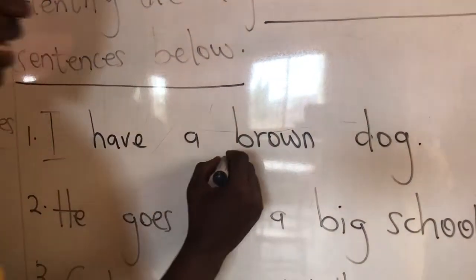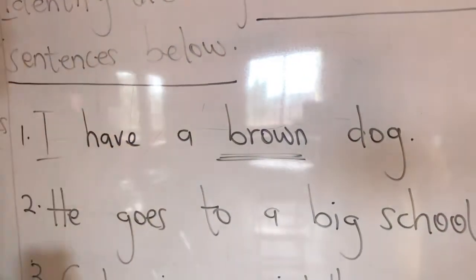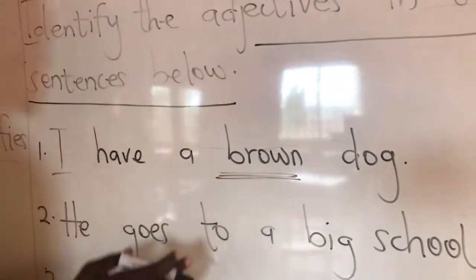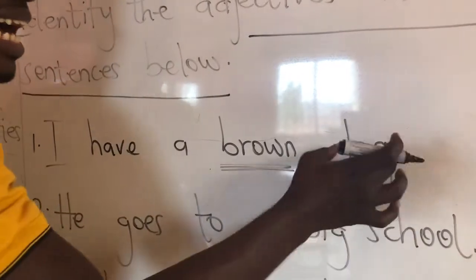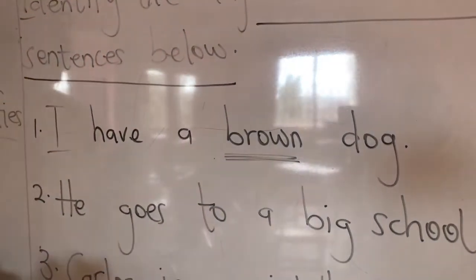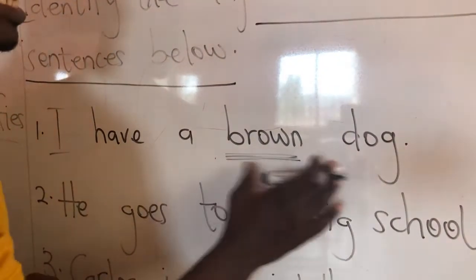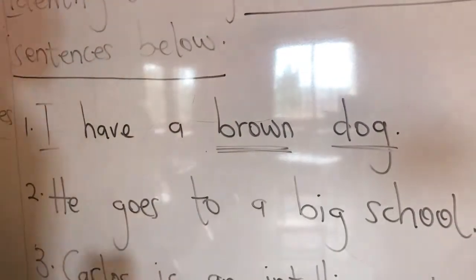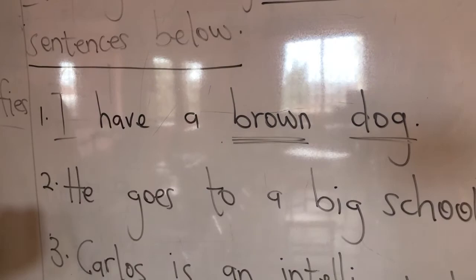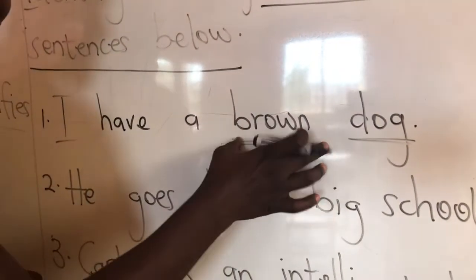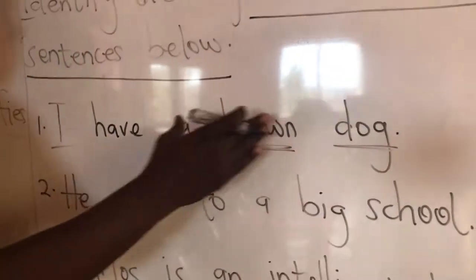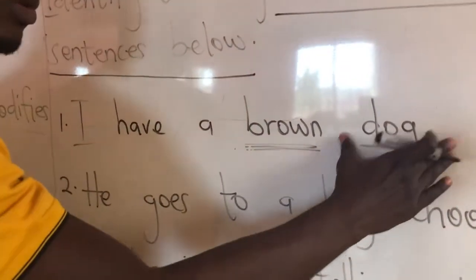This brown here is the adjective. Why? Because brown is telling us the color of the dog. Dog here is the noun. Brown is telling us how the dog looks.